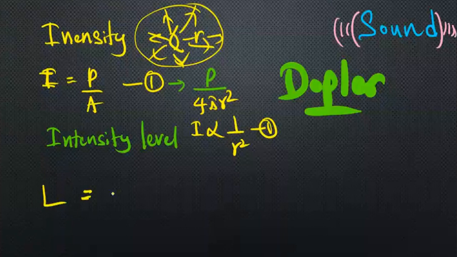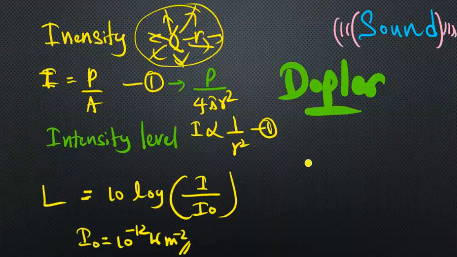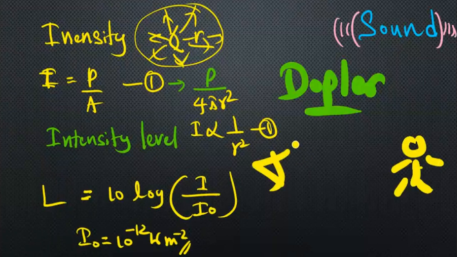Right. The next part is Doppler's effect. If there's a relative motion between an observer and a source, that means the two are moving towards each other or away from each other, there's a change in the frequency of the sound. So f naught will change to f dash.